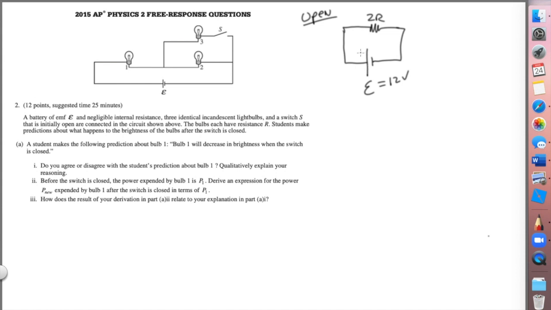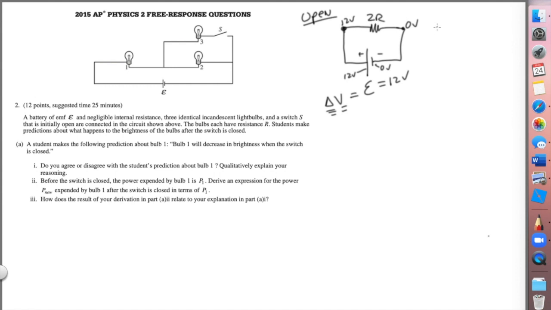The positive terminal will be 12, the negative terminal will be 0. Right here would be 12, right here would be 0, because remember, EMF is another name for voltage, which is the change of electric potential from one point to another. So the voltage across our simplified resistance is 12.